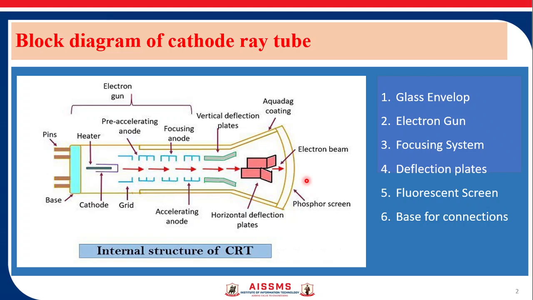Now such CRTs are still widely used in a number of electrical devices such as computer screens, television sets, radar screens, and in oscilloscopes. So friends, in this video we have discussed different parts of CRT in CRO.